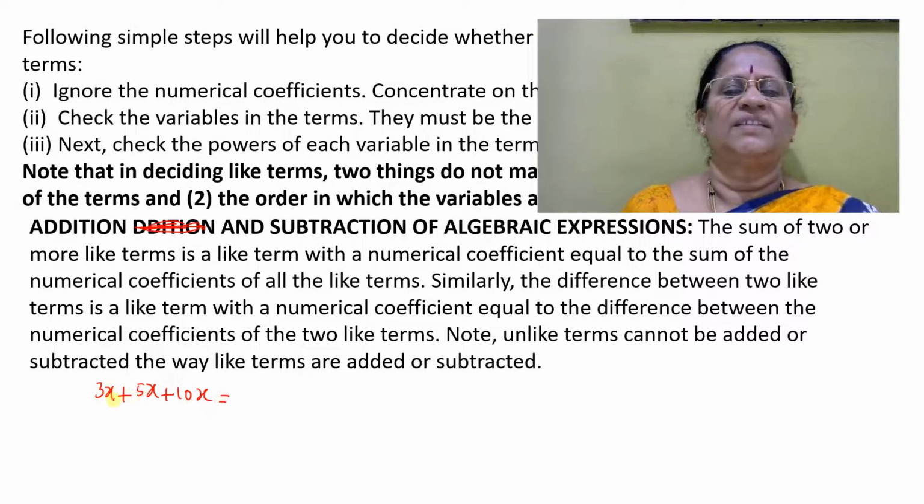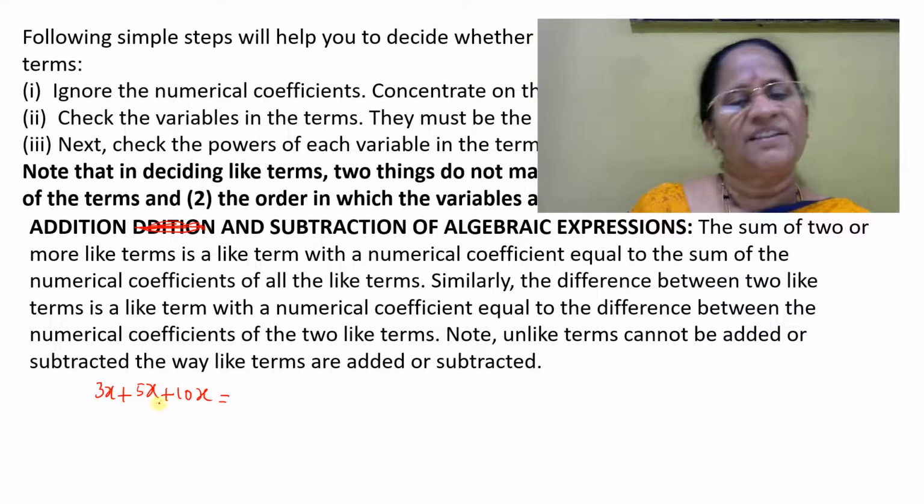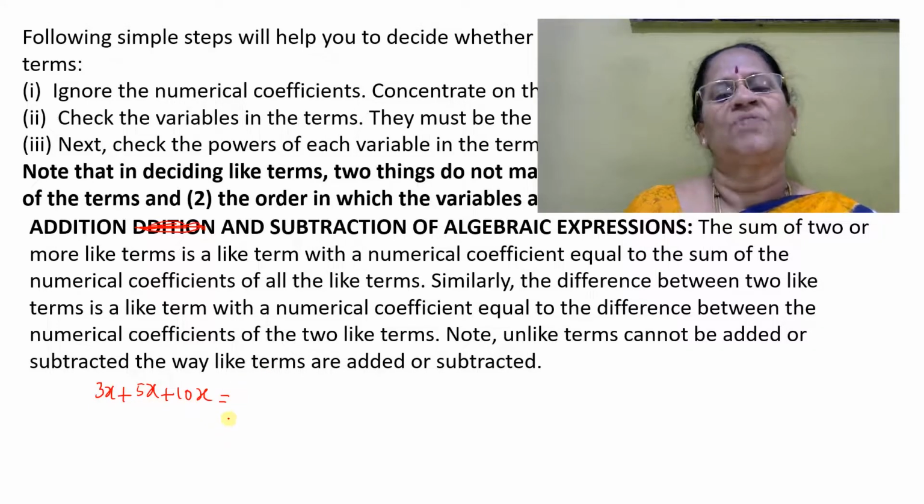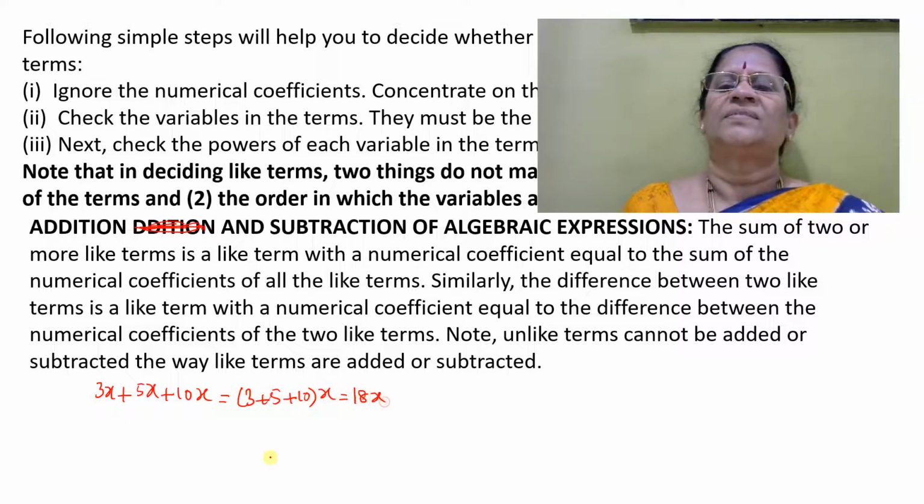These are like terms, and we are adding the like terms. So what do we do? We add their coefficients, that is 3 plus 5 plus 10, times x. That comes out to be 18x. So the sum of two or more like terms is a like term.